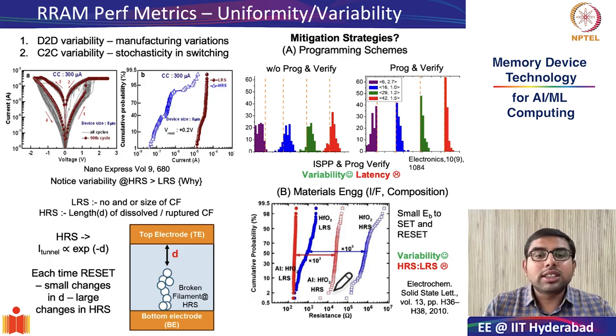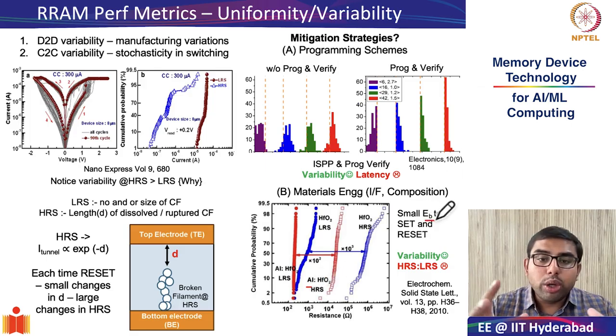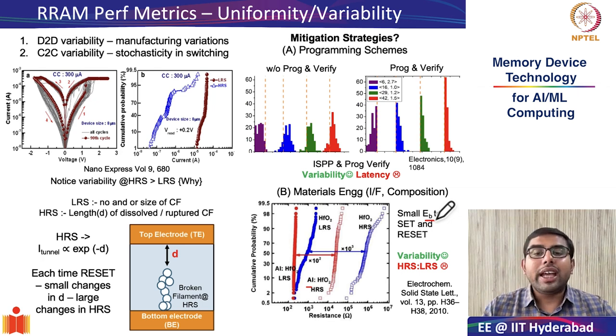So why was this reduction in variability or tightening of the distribution possible? This is because the moment you start introducing aluminium in hafnia, the barrier to both set and reset reduces significantly. If the barrier to reset is reduced, it is more likely that the distribution of HRS and LRS tightens significantly.